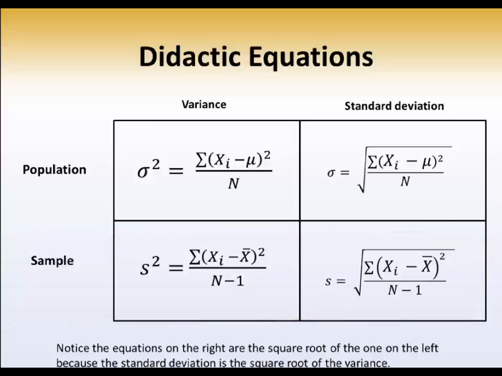So notice on the right-hand side, the standard deviation equations are the same as on the left, except you're taking the square root of it. The key differences here are, with the population, you use mu as the measure of the mean, and you use n as the population size. With the sample, you estimate the mean with x bar, and you use n minus 1 in the denominator. These are the didactic equations.